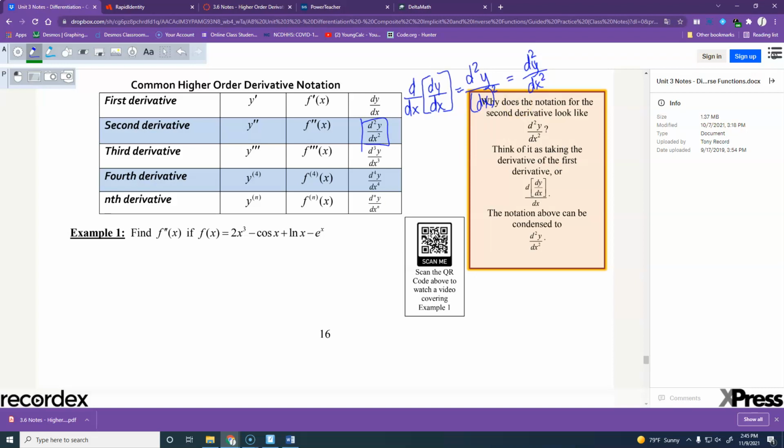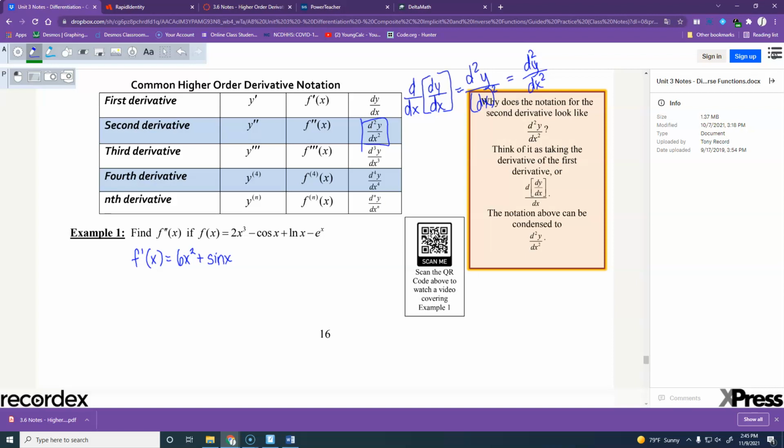Okay. All right, so if we're looking for a second derivative, you just got to take the derivative twice. So f prime of x here is going to be 6x squared plus sine x, because the derivative of cosine x is negative sine x, and so those two negatives make that positive.